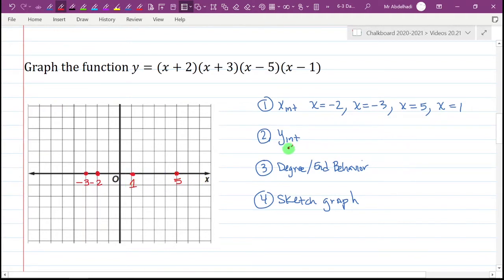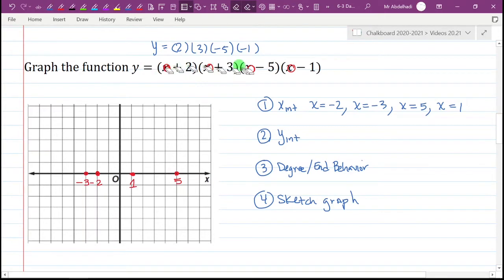What's the y-intercept? The y-intercept is what you get when you make the x's 0. So if this was a 0, and this was a 0, and this was a 0, and this was a 0, this would just become y equals 2 times 3 times -5 times -1, because all the x's went away, right?